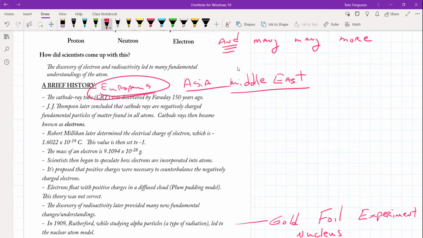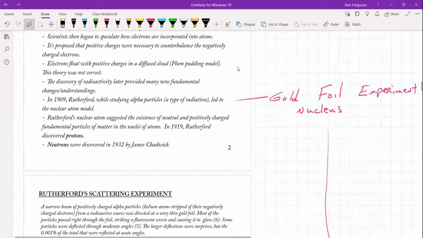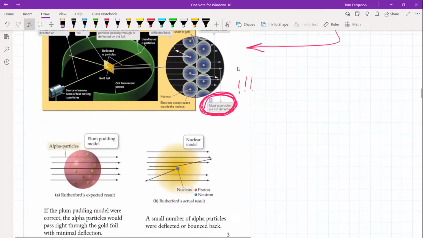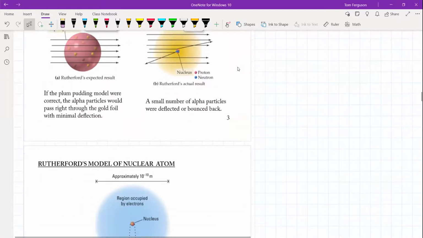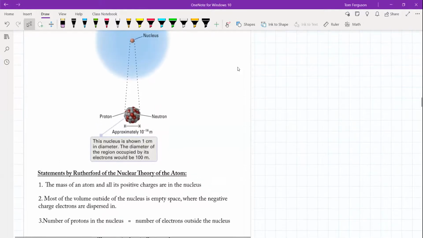It's from the Middle East, not Western Europe. So anyway, I make sure that you hear that from me loud and clear. Every person, what have we got on here? Thomson, Millikan, Rutherford, Bohr, all these people are from Europe. And this all happened during the Renaissance in Europe.